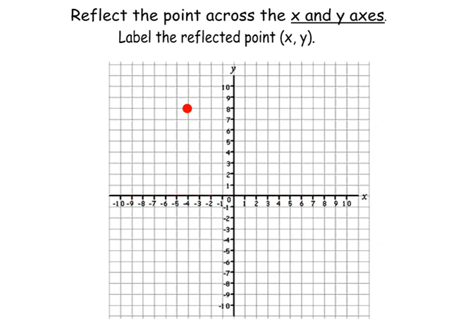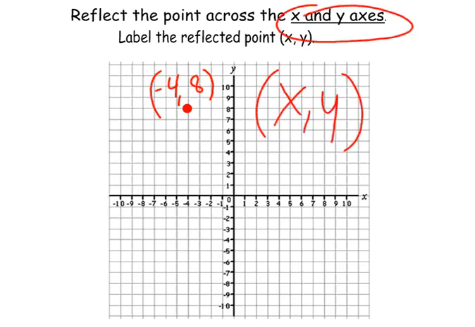Let's try another one. Now on this point, negative 4, positive 8, I want to reflect across both the x and y. Well, if you want to reflect across both the x and y, change both the x and y. So I'm going to change this to positive 4, negative 8. Whoops.